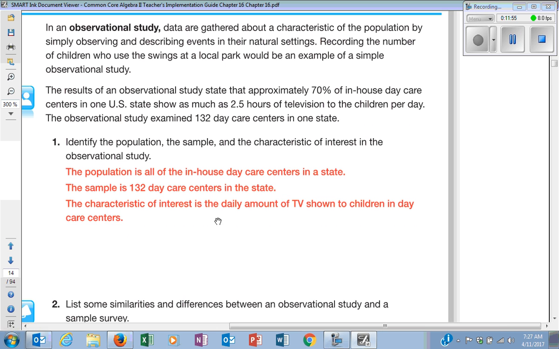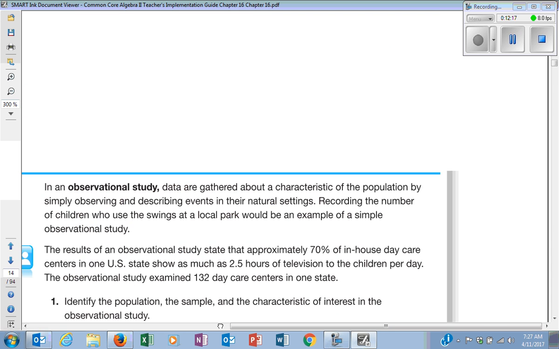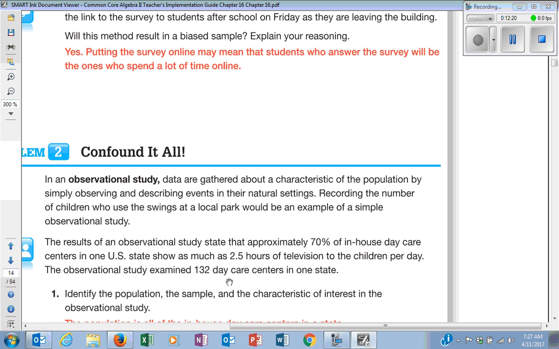So the result of an observational study states that approximately 70% of in-house daycare centers in one U.S. state show as much as 2.5 hours of television to children per day. The observational study examined 132 daycare centers in one state. All right, so identify the population, the sample, and the characteristic of interest. What would be the population? Do we know what state?